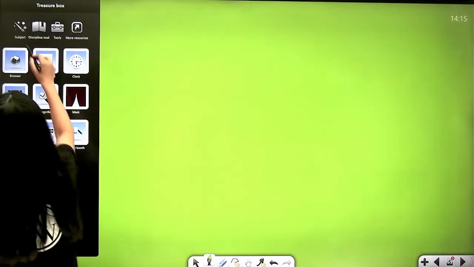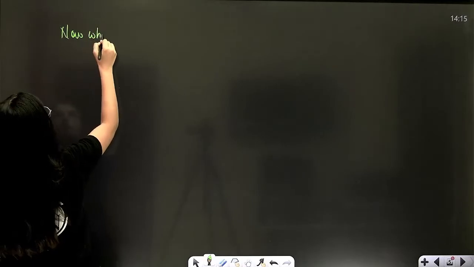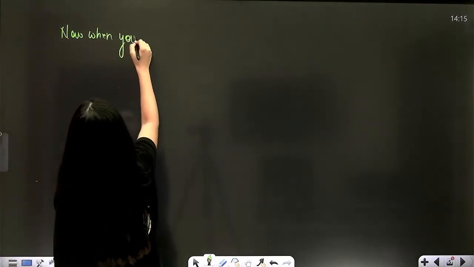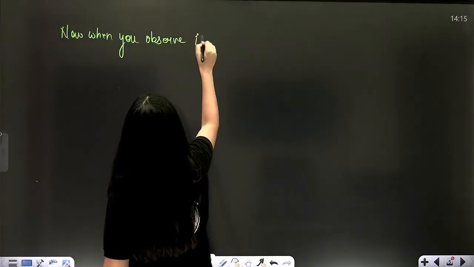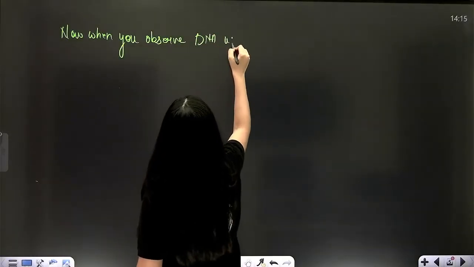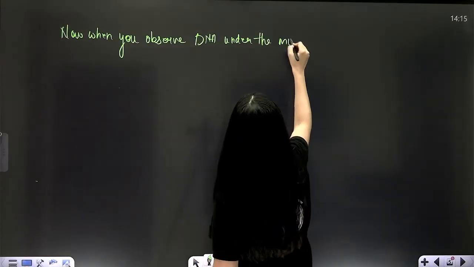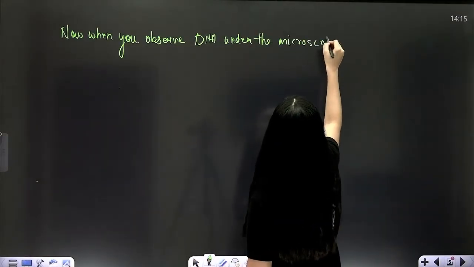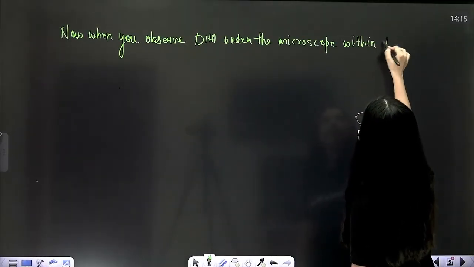Okay, wait. Let me just add a page. Right. Now, when you observe DNA under the microscope within the nucleus, DNA is present within the nucleus, correct?